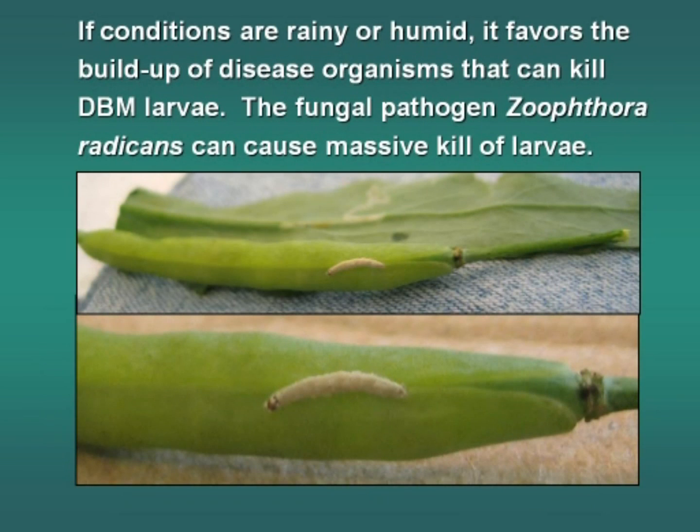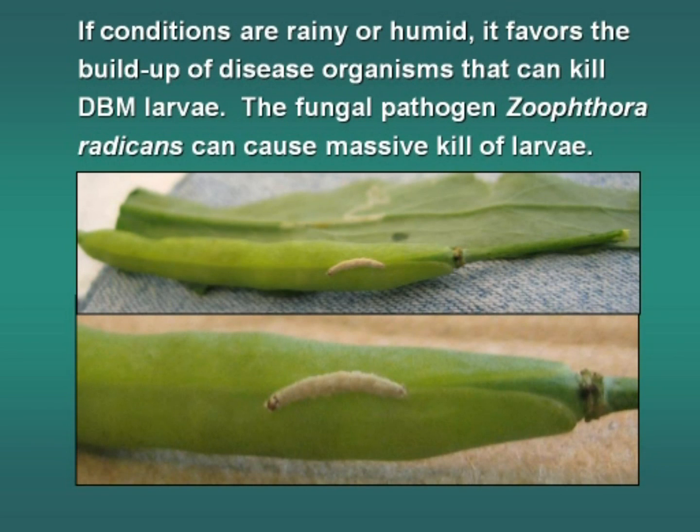One of the other aspects is that we can have fungal pathogens that can help attack diamondback. For example, this pathogen that has killed this diamondback moth larva is Zoophthora radicans, and they can be responsible for massive reductions in diamondback populations. For example, in the outbreak of 1995, throughout much of central Saskatchewan, over a one-day period, I think there was about 1.5 inches of rain that occurred during the peak of diamondback moth spraying.